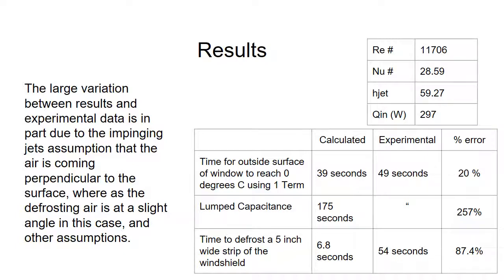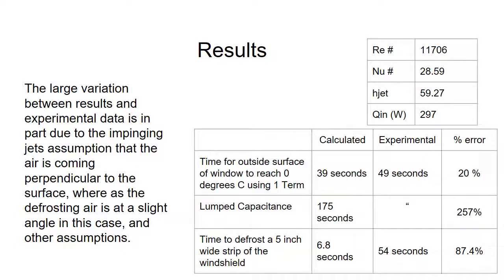However, the time to defrost a 5-inch strip was not so good, with an 87% error. The lumped capacitance assumption gave us a percent error of 257%, so that is clearly not the correct model for this case.